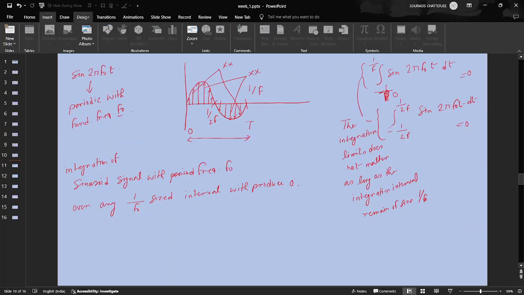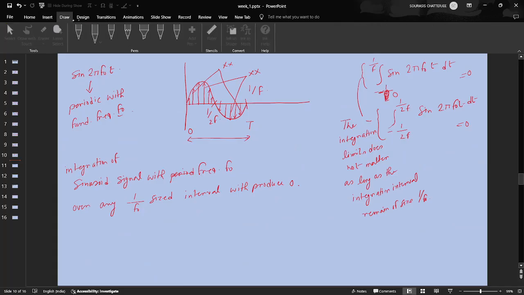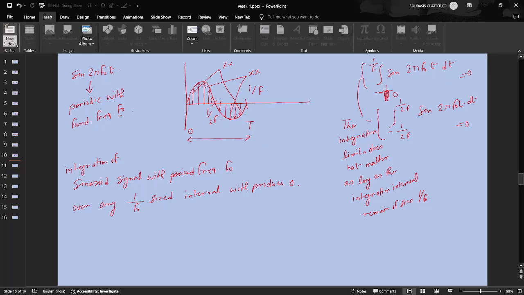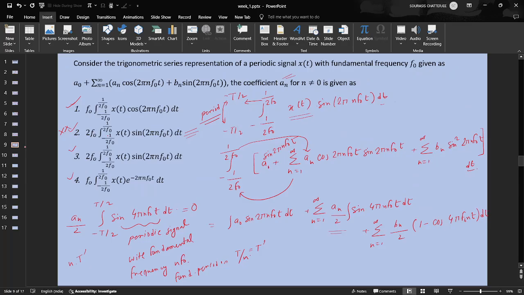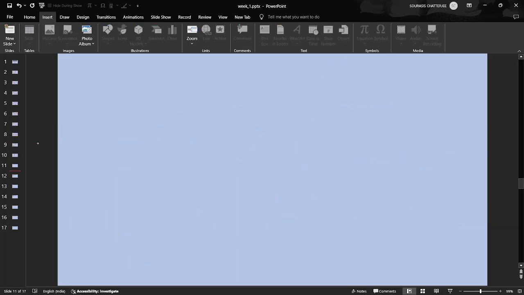So in the first case we have the following: integration of x(t) cos 2 pi n f naught t dt.